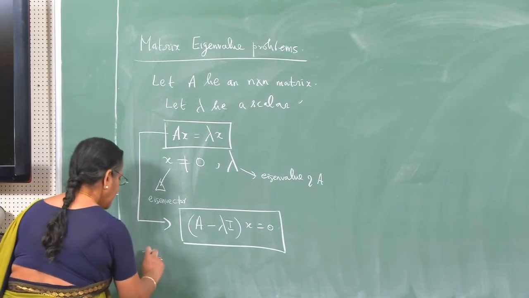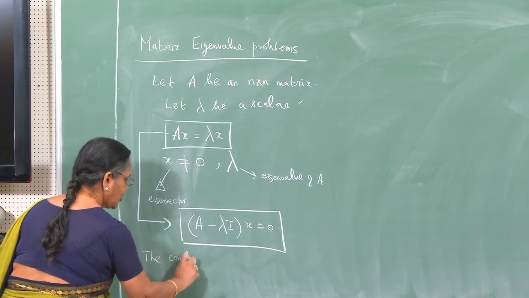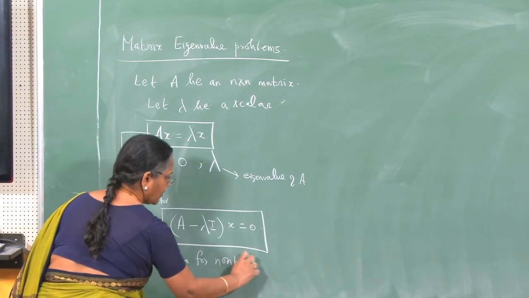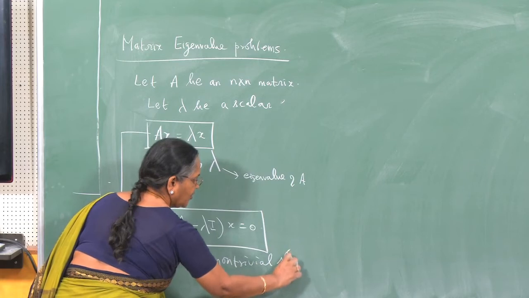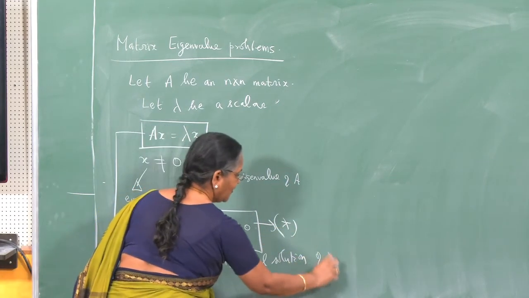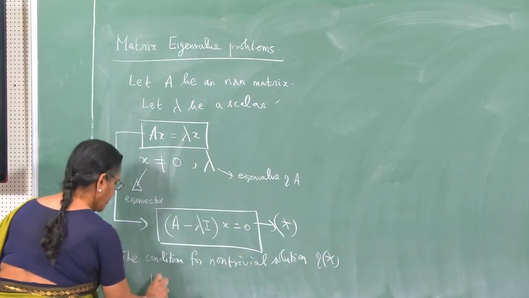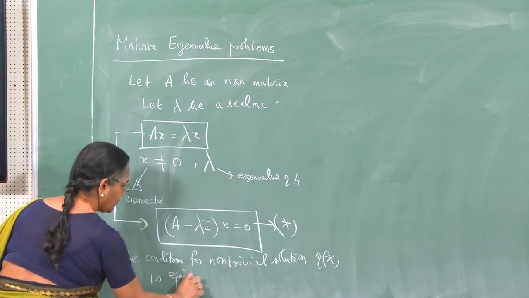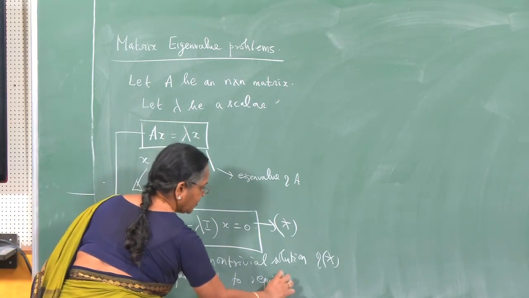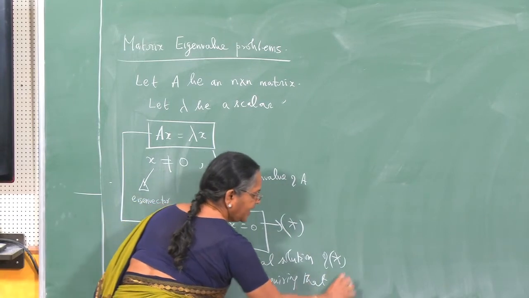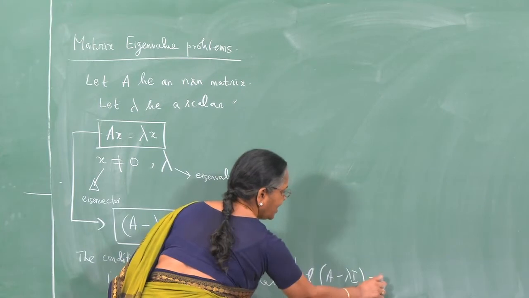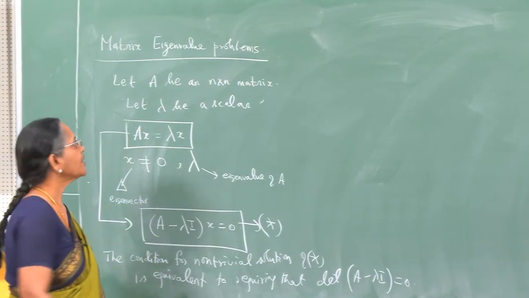So, the condition for non-trivial solution of this system, let me call this S star, is equivalent to requiring that the determinant of the coefficient matrix, namely A minus lambda I, is equal to 0.